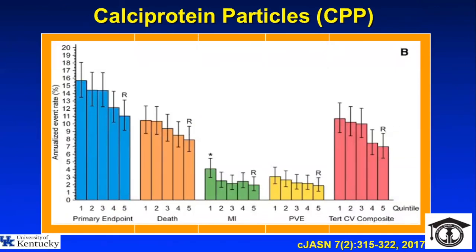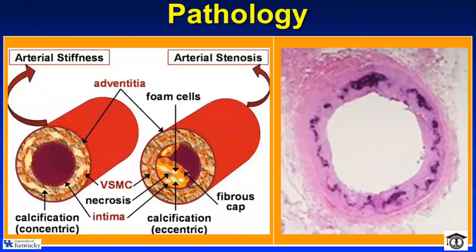Other than radiology, we can also do non-invasive testing, measuring the calciprotein particle that we talked about at the beginning. Calciprotein particle in the serum is usually associated with cardiovascular events. So higher calciprotein particle is associated with higher mortality, myocardial infarction, and other cardiovascular events.